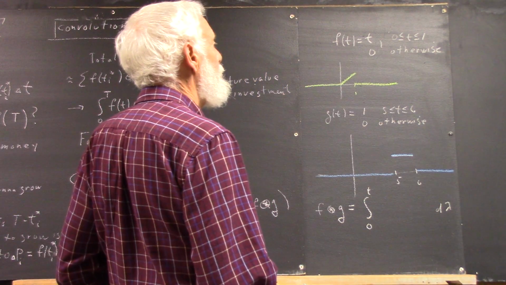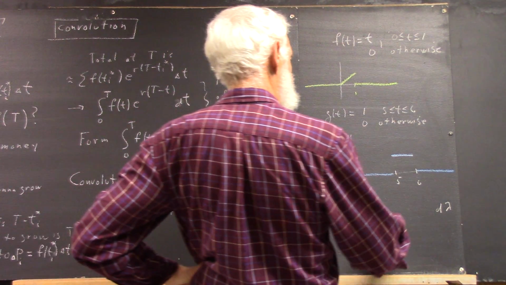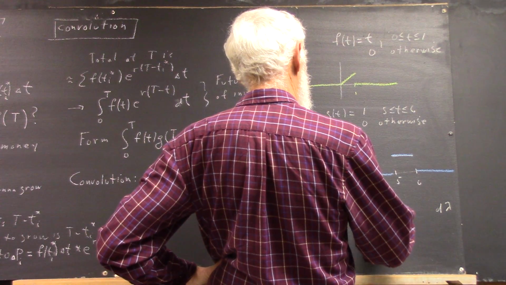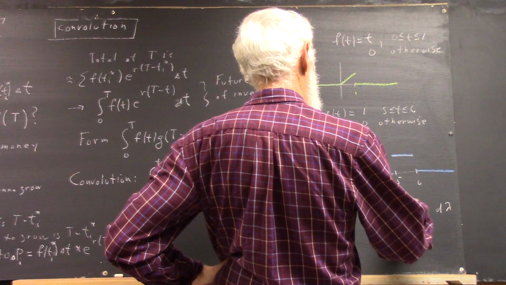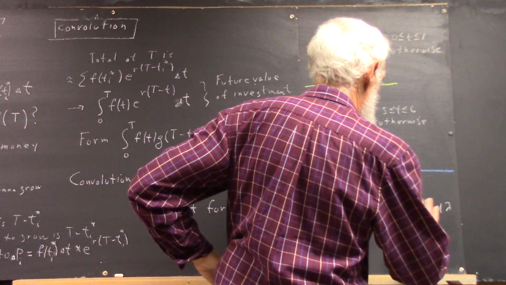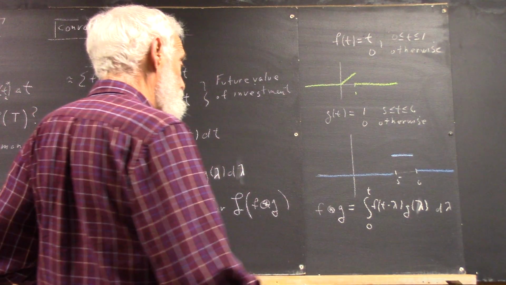So, g of... I keep wanting to write t because it's my variable. Okay? We have this, okay?